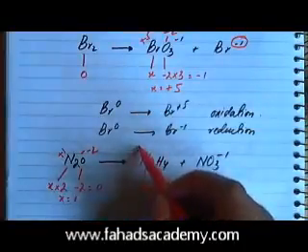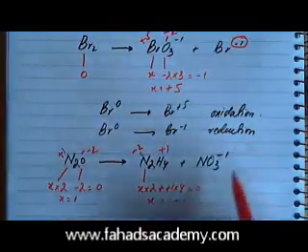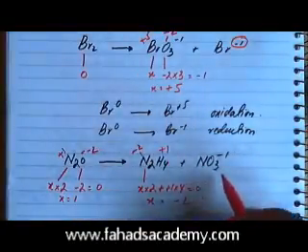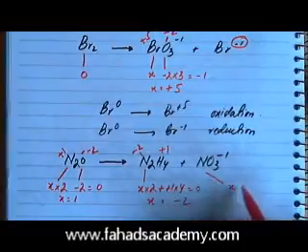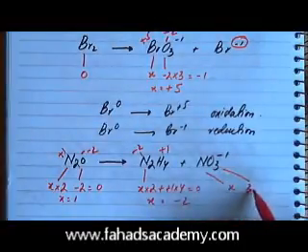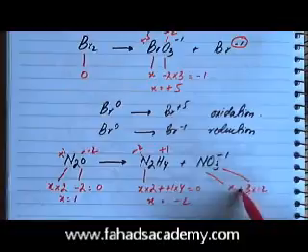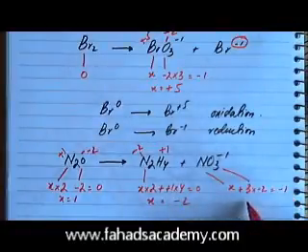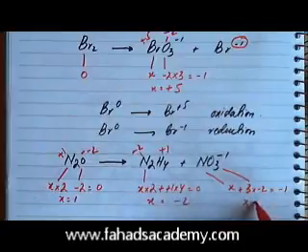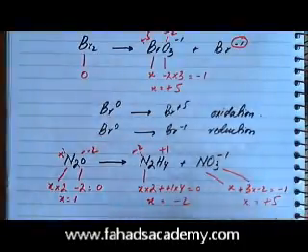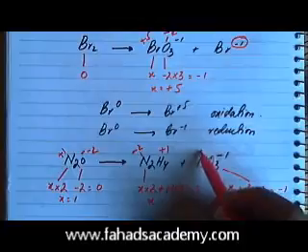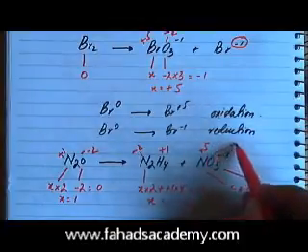So nitrogen is minus 2 over here, hydrogen is plus 1 over here, and over here in NO3 minus 1, nitrogen again is X, and there are 3 oxygens, so it's 3 into minus 2, and the net charge is minus 1, so X comes out to be plus 5. So nitrogen is plus 5 over here, and oxygen is minus 2.